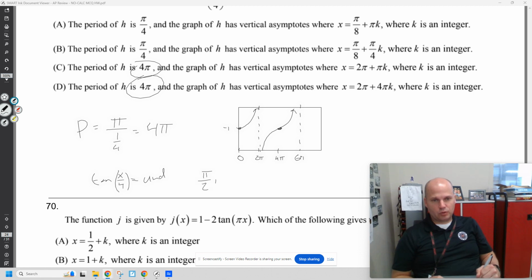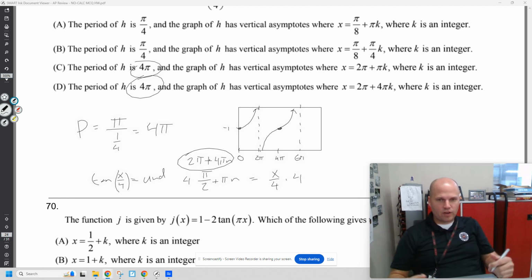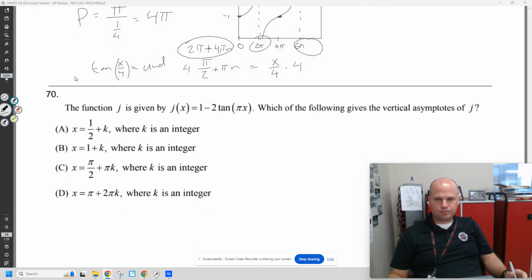So that's pi over 2 plus pi n, multiples of pi. Those angles equal x over 4. I could multiply everything by 4, and I could see it'd be 2 pi plus 4 pi n. There's one way to do it, kind of just solving. Here's one way to do it graphically. 2 pi plus 4 pi n.